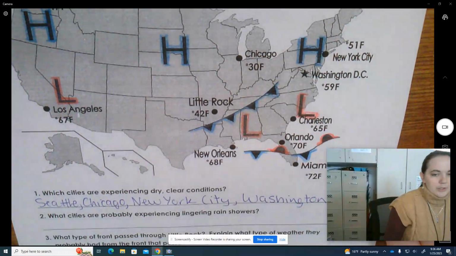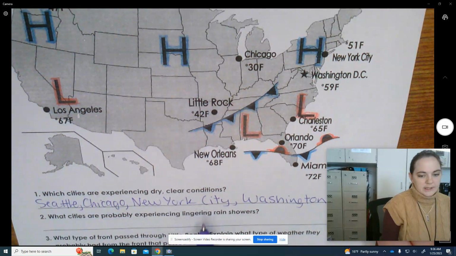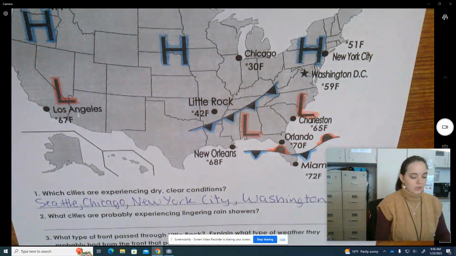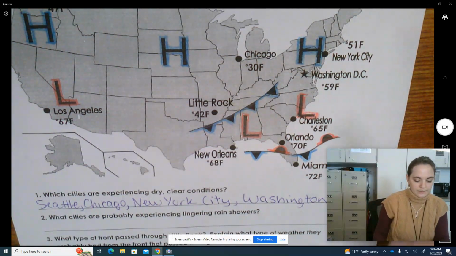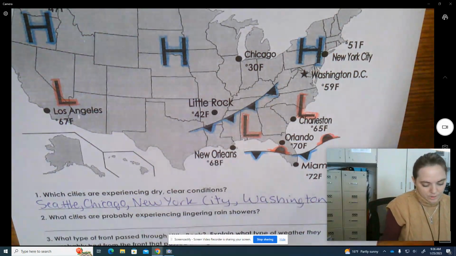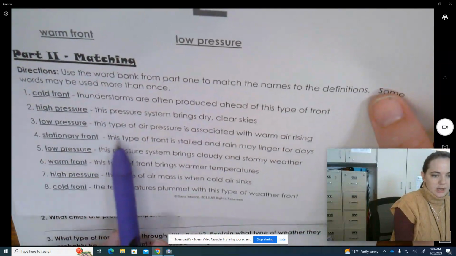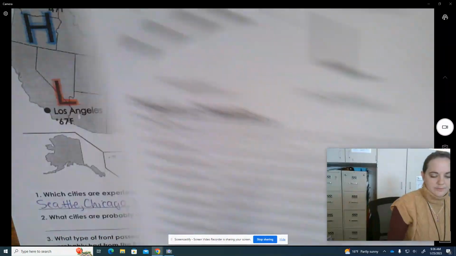Okay. Number 2 says, what cities are probably experiencing lingering rain showers? So remember, if we look at our other page, we know that a stationary front, this type of front is stalled and rain may linger for days.